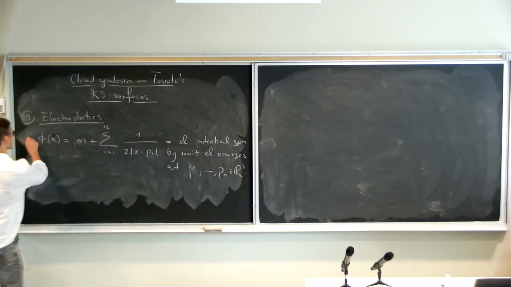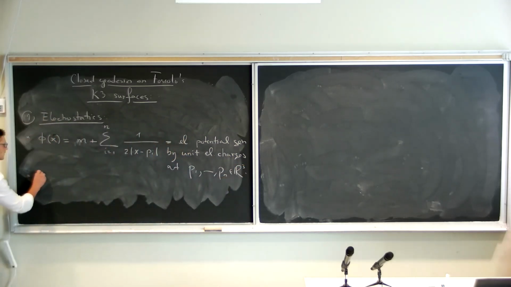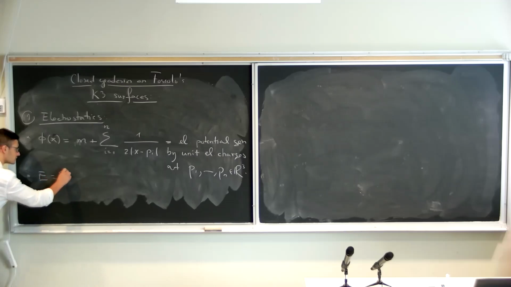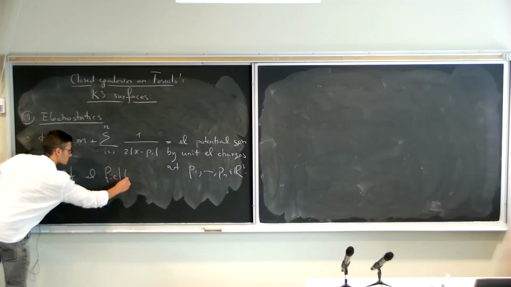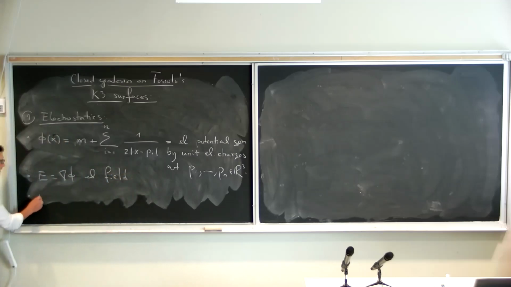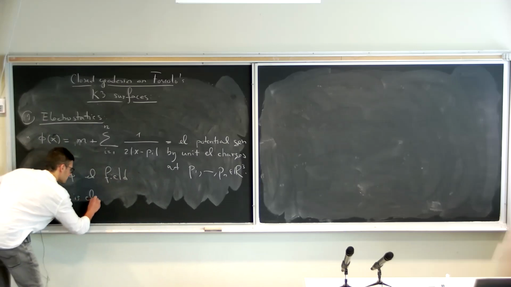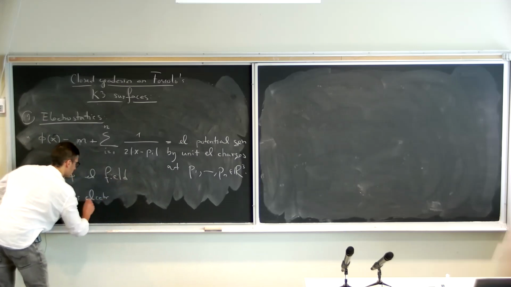So if this is the electric potential, the electric field is the gradient of the electric potential. That's the electric field. And the point P in R3 is called electrostatic if the electric field there vanishes.